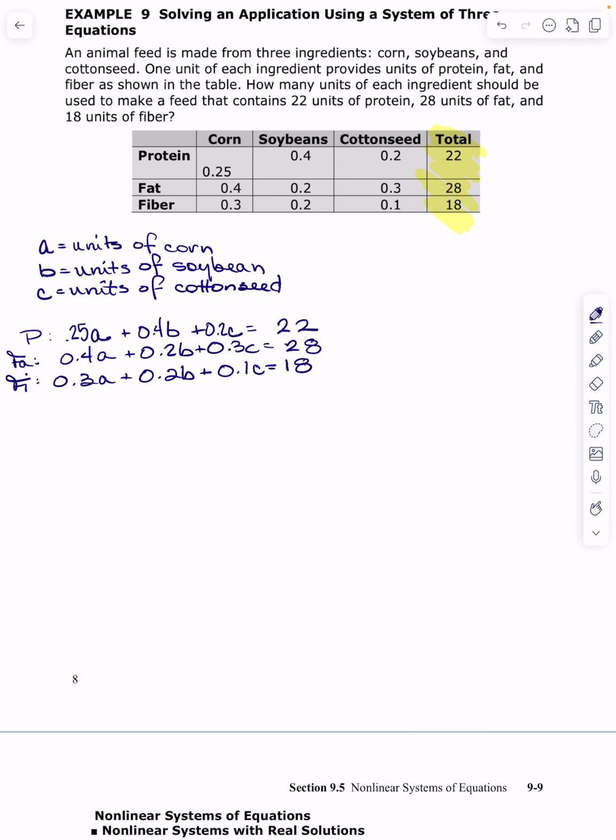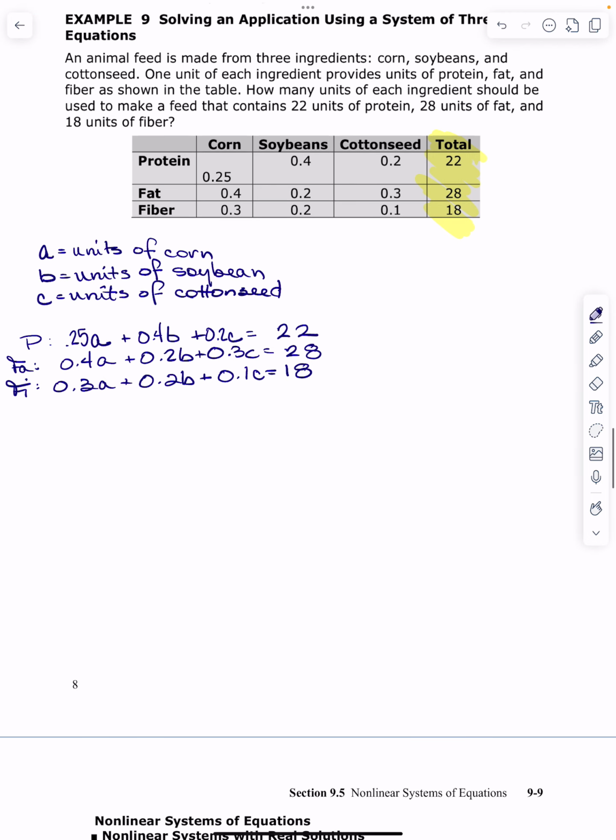Now, I really don't want to work with the decimals, so I am going to go ahead and multiply everything by 100. I am just trying to get rid of all of the decimals. So I get 25A plus 40B plus 20C. It's important that we don't forget to multiply the right side by 100 as well.